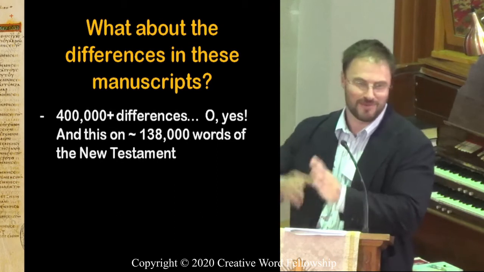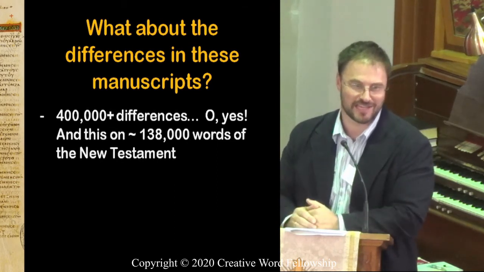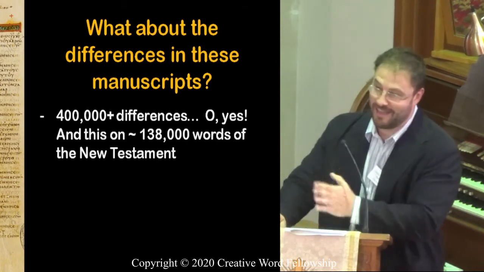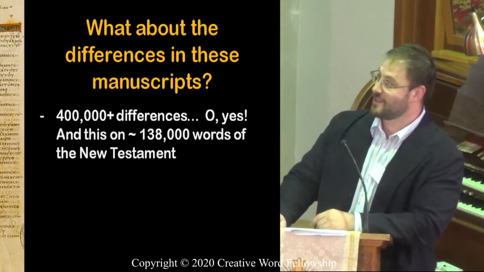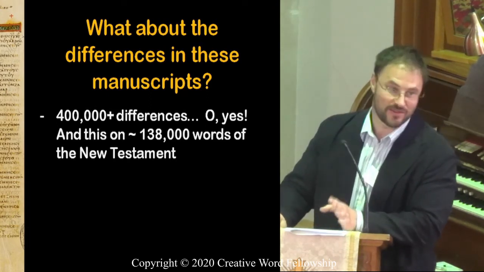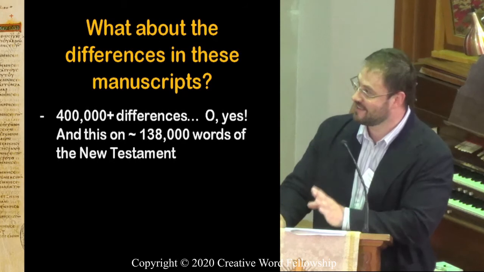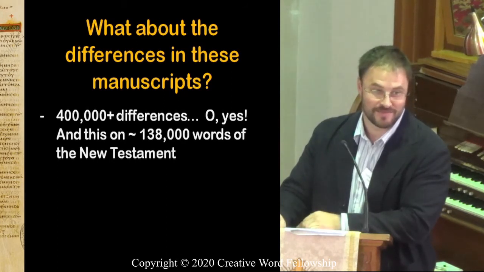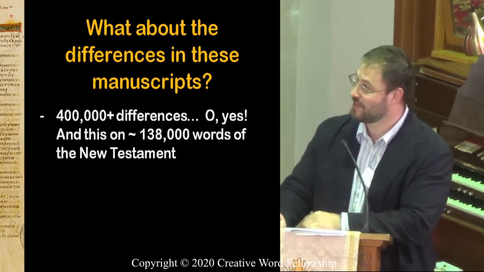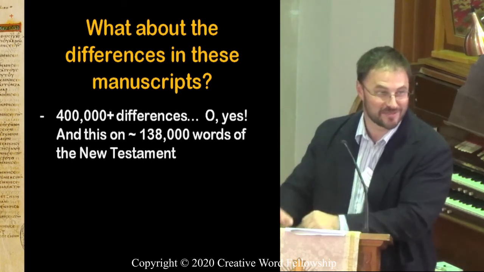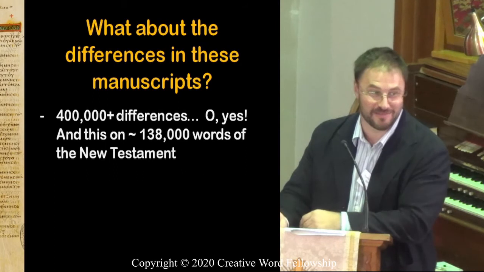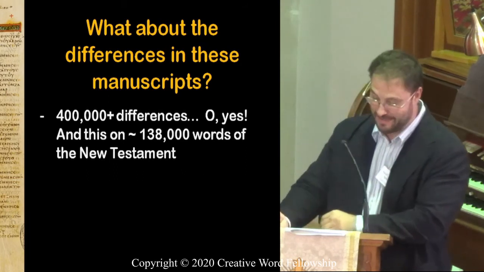What we need to know is what kind of differences these are, what it actually means. A perspective we can take is that we possess right now more than 2,600,000 pages of the New Testament, which would make roughly one difference on 6 pages. That's another perspective which we can take.